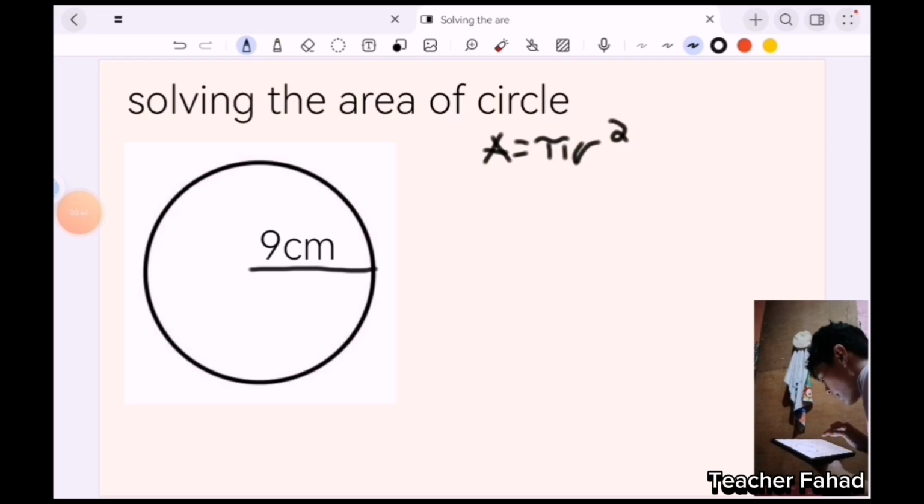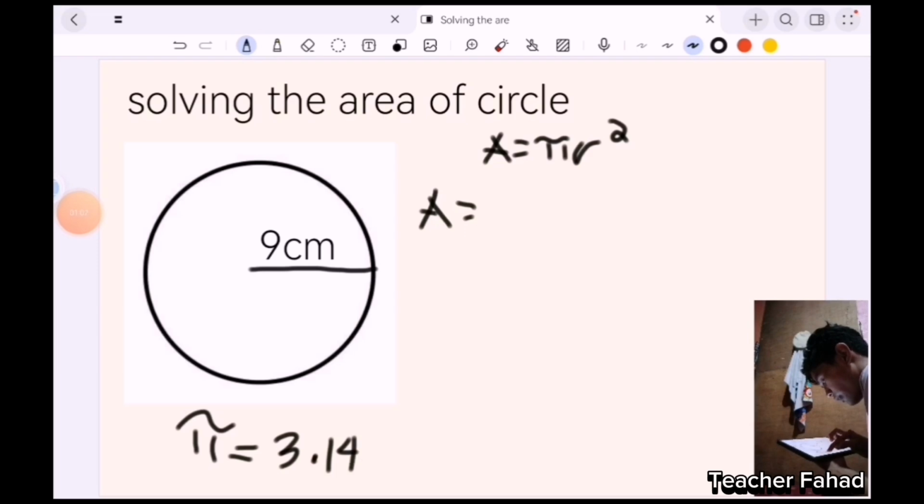So let us try to solve this. Area is equal to pi, whose approximate value is 3.14. Always remember guys, 3.14 is the pi. So pi, and our radius is 9 centimeter, squared.